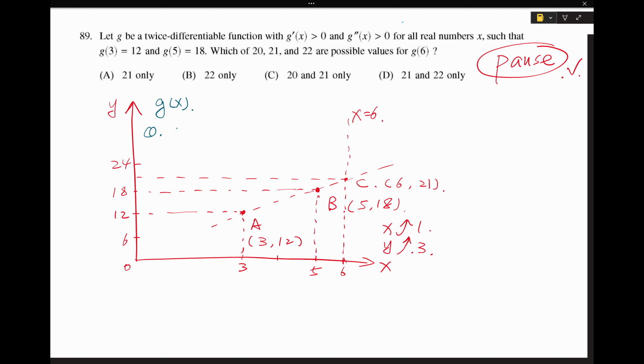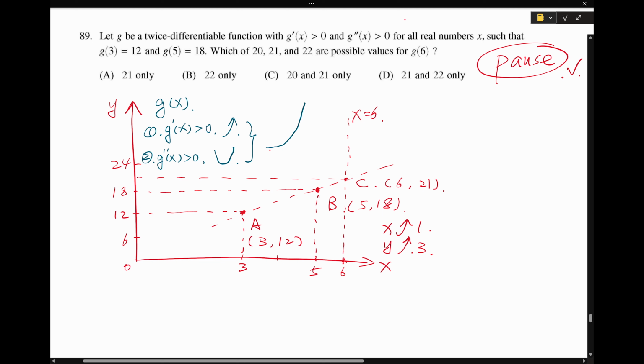Since the first derivative of g(x) is larger than 0, it's an increasing function. And second, the second derivative of g(x) is also greater than 0, which means the shape is convex down or concave up.